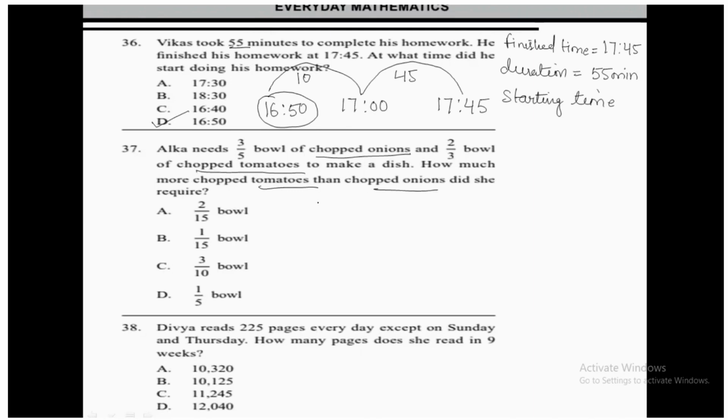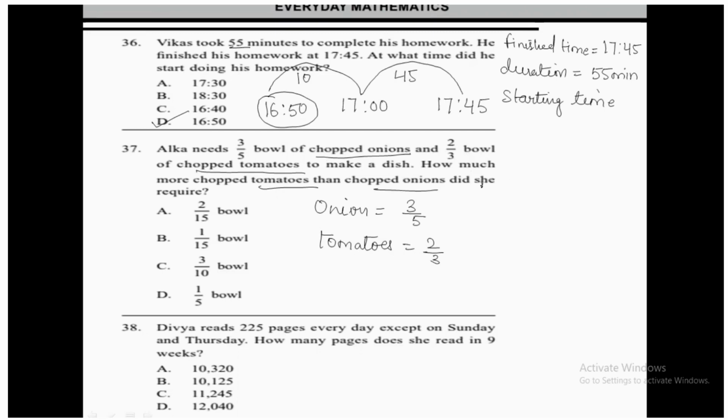So the quantity of chopped onion is 3/5, and the quantity of chopped tomatoes is 2/3. And the question is asking how much more chopped tomatoes than chopped onion did she require? So we will subtract onions from tomatoes.